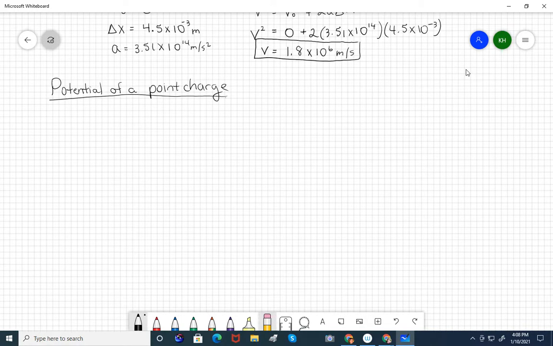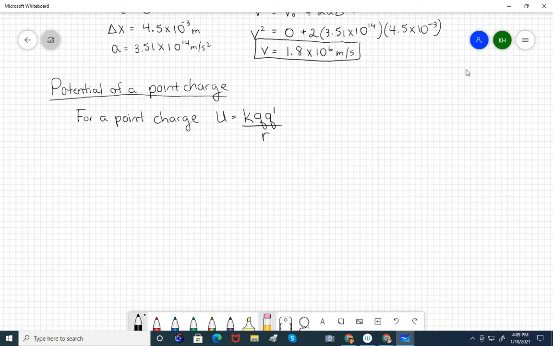Well, we know that for a point charge, the electrical potential energy was kQq' over r.